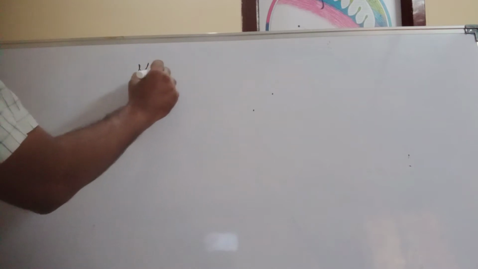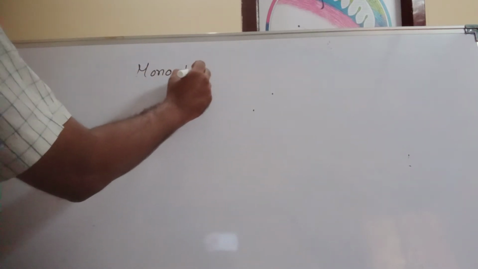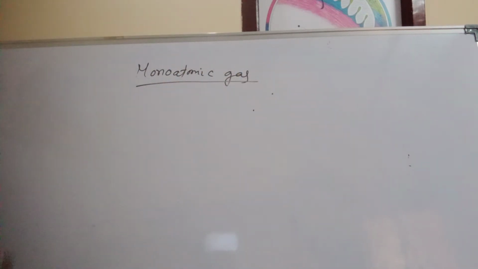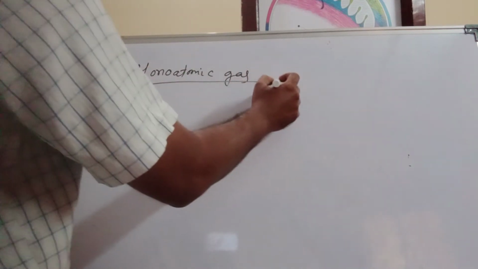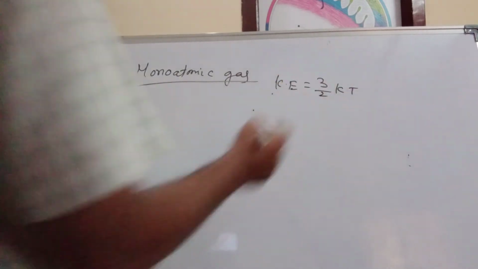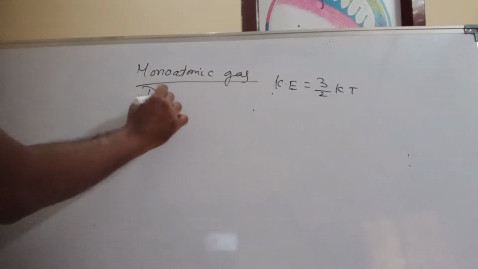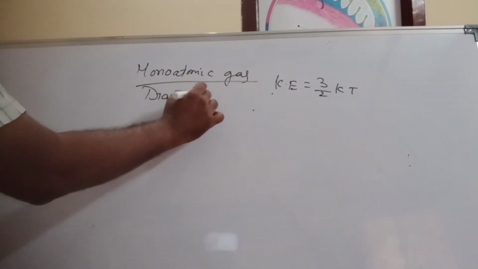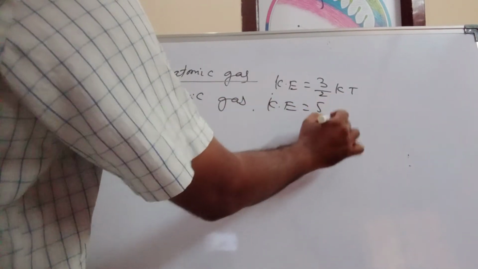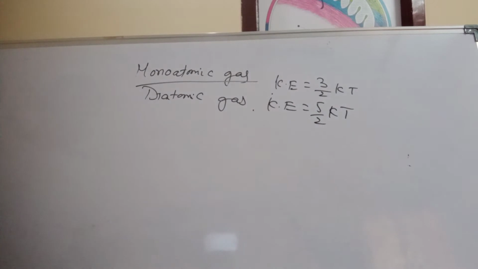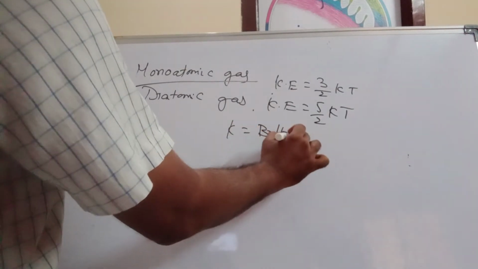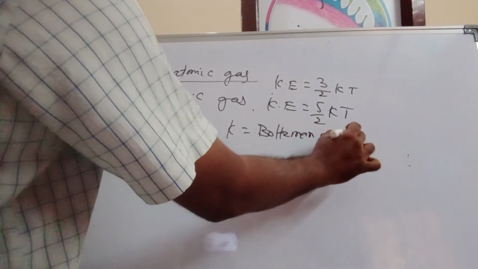Suppose a monoatomic gas is there. Someone asks you, what is the kinetic energy? So, the kinetic energy is given by 3 by 2 kT. If it is diatomic, kinetic energy is given by the expression 5 by 2 kT, where k is the Boltzmann constant.